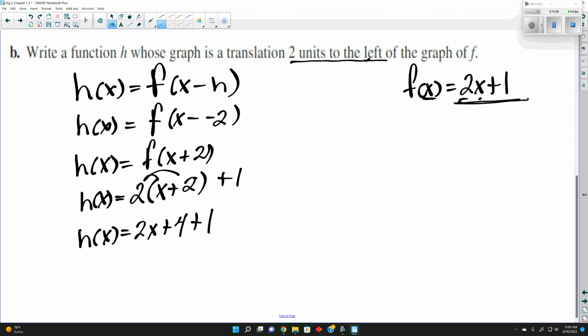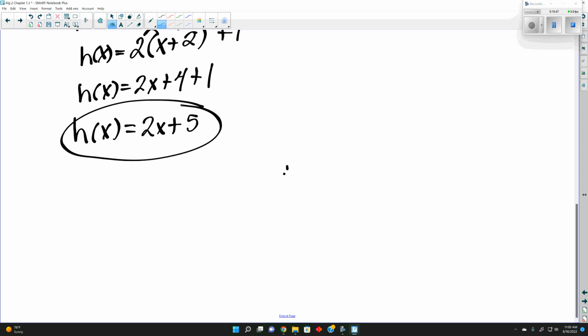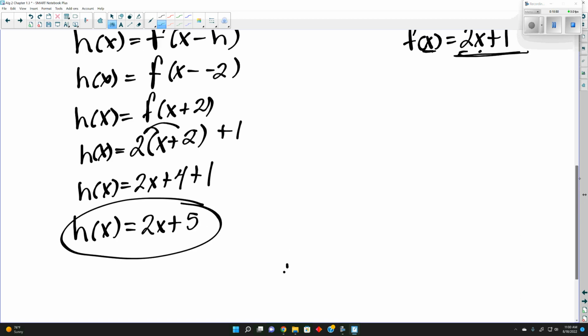Yep. And that would be it. h of x equals 2x plus 5. Yes. Any questions on this here?